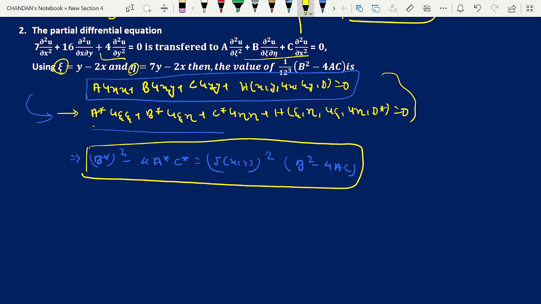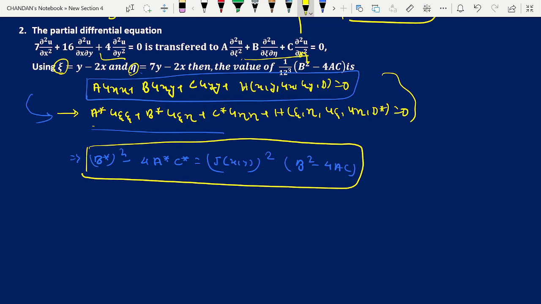So what they have asked is, if you transform to a del squared u by del xi squared plus b del squared u by del xi del eta plus c del squared u by del eta squared, then find 1 by 12 cube times b squared minus 4ac.